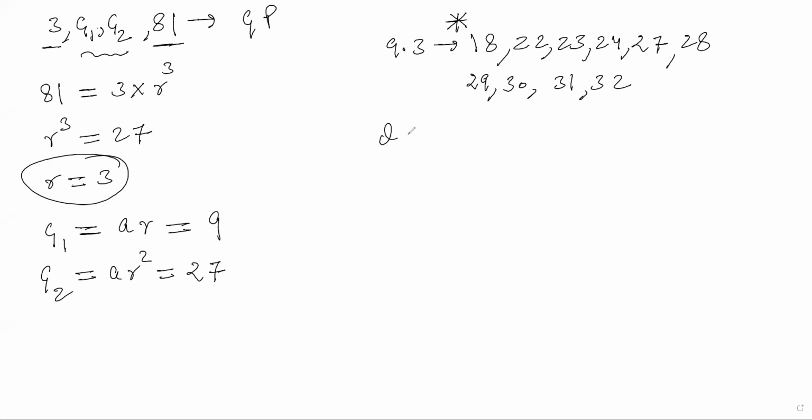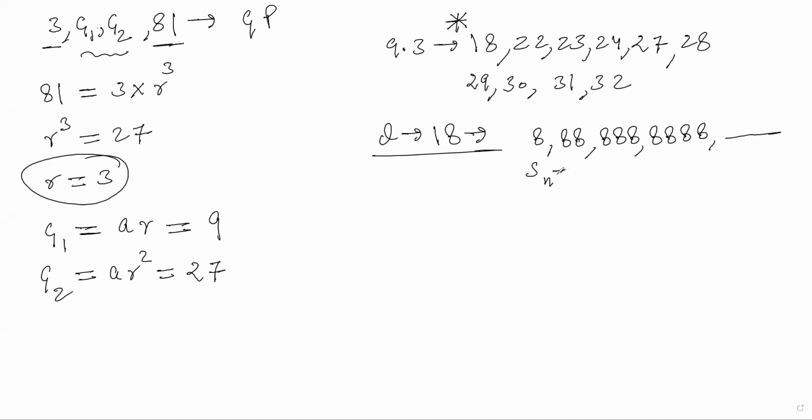Now I'll tell you how to solve question number 18. So we have to find the sum of n terms of this sequence. इसी टाइप के बहुत सारे सीक्वेंस बन सकते हैं जहां पे क्या होगा, digits will be repeating.